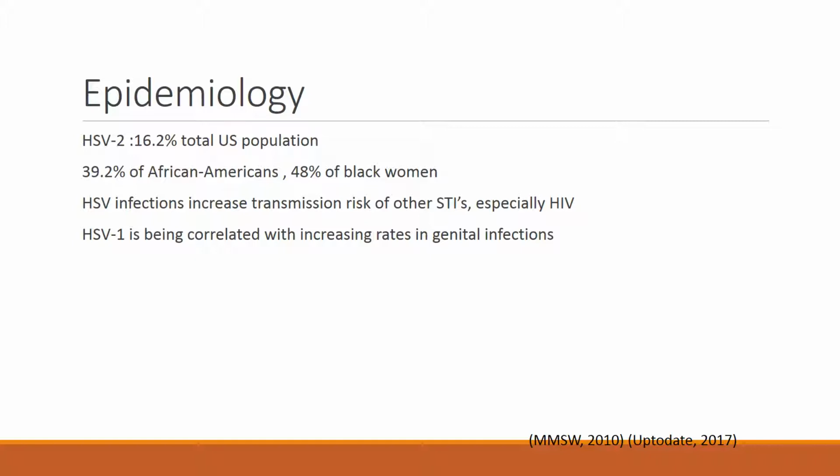Typically, it's a much milder first outbreak, and oftentimes we don't see the recurrence as frequently. HSV-2 typically has a more severe outbreak, and you do see more frequent recurrences of it. But no one strain is only in one area of the body, oral, anal, or genital.